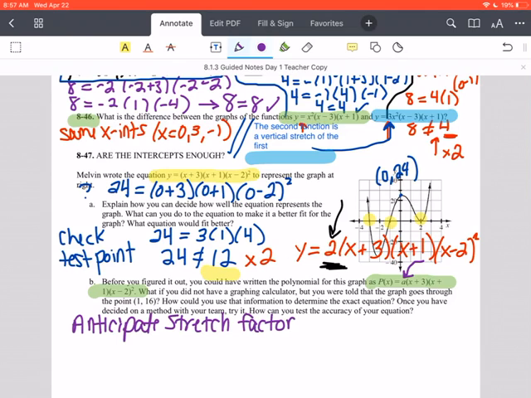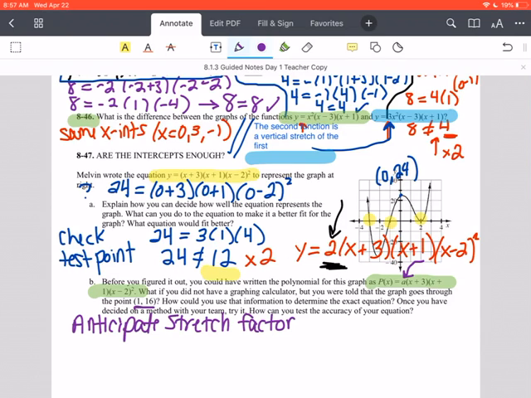So what if we did not have a graphing calculator, but we were told that the graph of P(x) certainly goes through (1, 16)? How could we use the information to decide the exact equation?